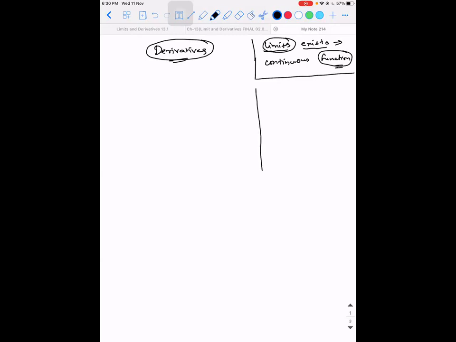So before I proceed to derivatives, I just need to ask some questions. If I have x and y axis, let's say I have a line drawn, and the line cuts the x-axis and is making an angle theta in the anti-clockwise direction.